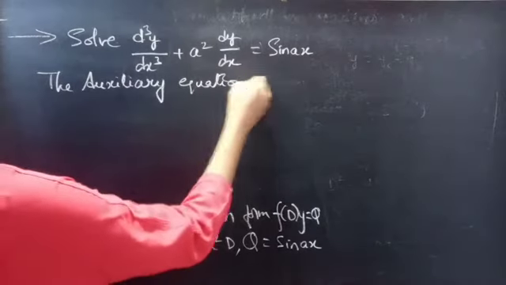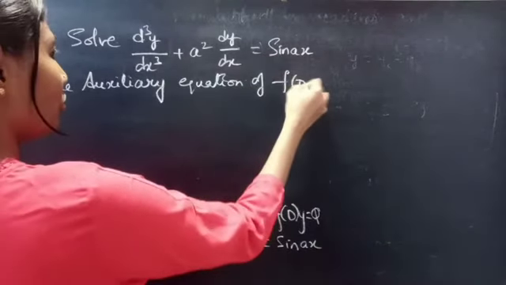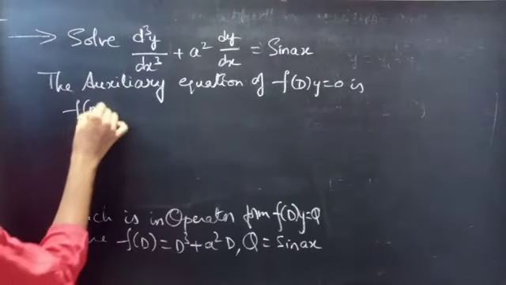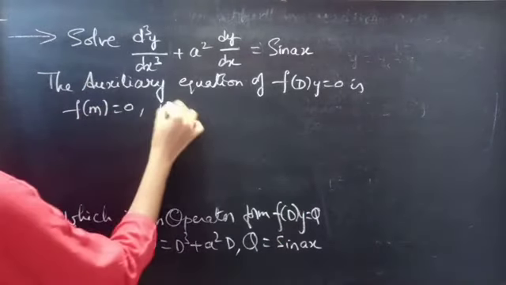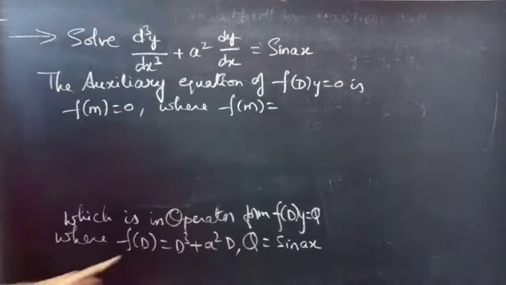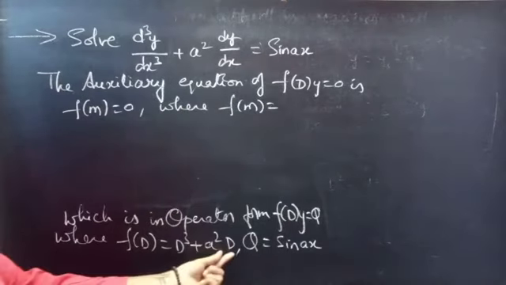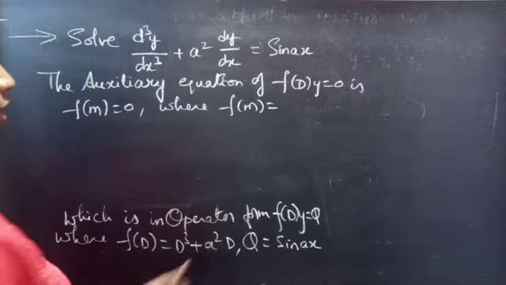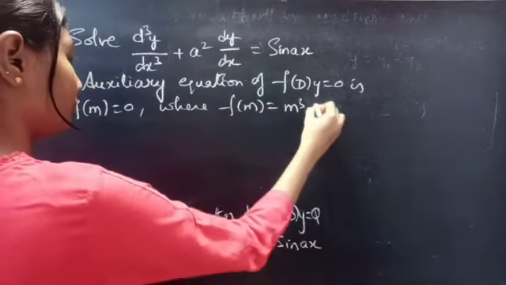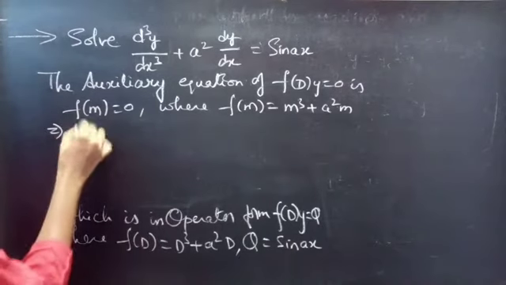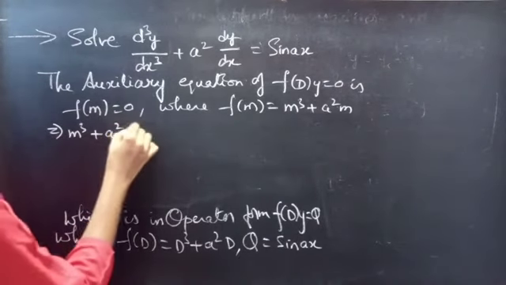The auxiliary equation of F of D into y equals to 0 is F of m equals to 0, where we have F of D equals to D cube plus a square D, right? We can replace differential operator D by m, so that we'll get F of m equals to m cube plus a square m. Then our auxiliary equation becomes m cube plus a square m equals to 0.